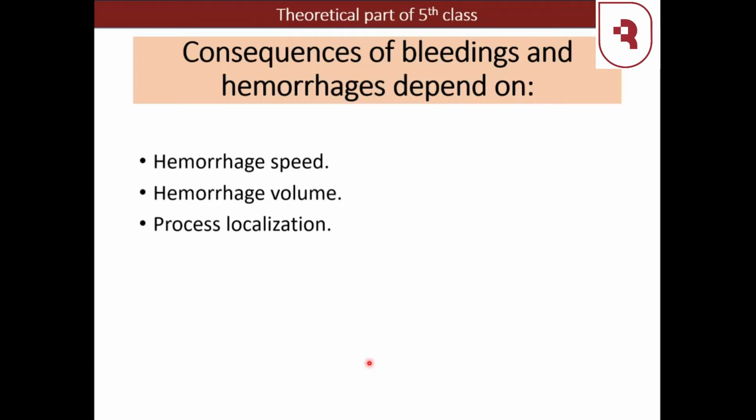So if we see huge volume and short time of the bleeding, so high speed of bleeding, this bleeding may be dangerous for life. And a different situation when we see low speed and huge volume, we will see that this type of hemorrhage may not have any complication.